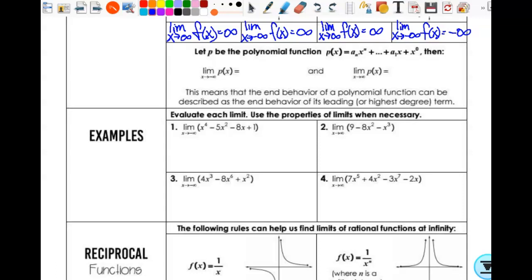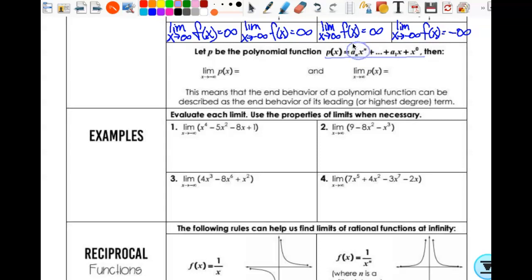All right, so then let's talk about polynomials. The polynomial function, just for a generic one, looks real weird like this, but again, we're talking like 3x squared plus 2x plus 7 or whatever, has multiple terms. All we really care about is the leading term.